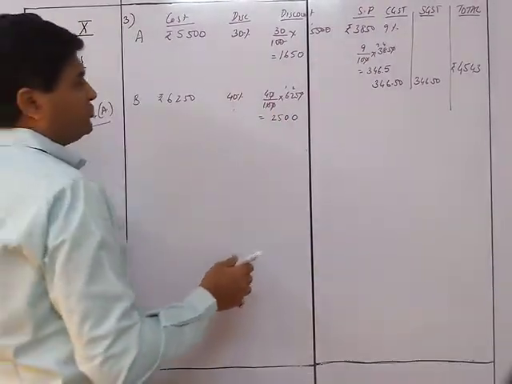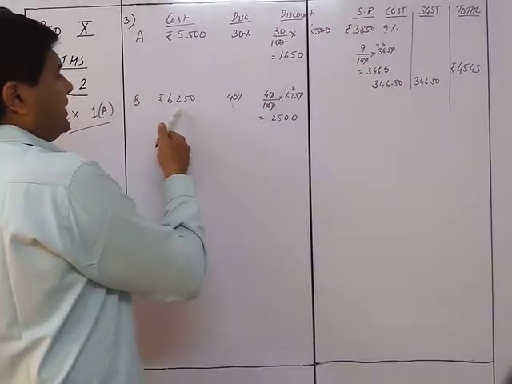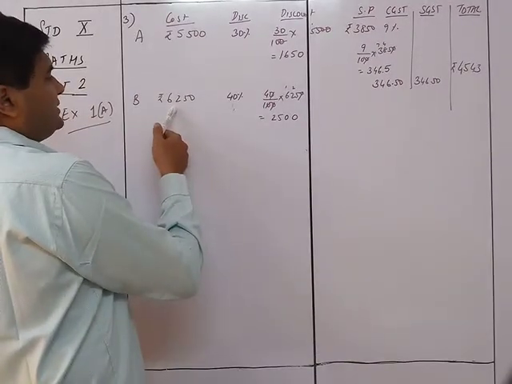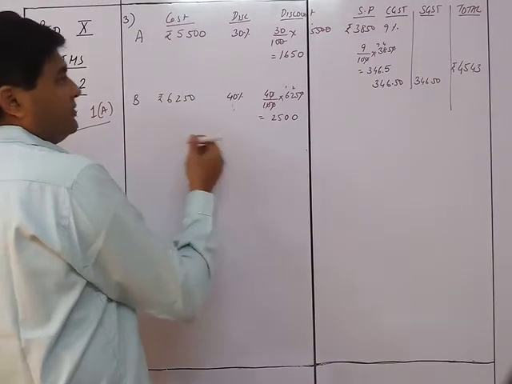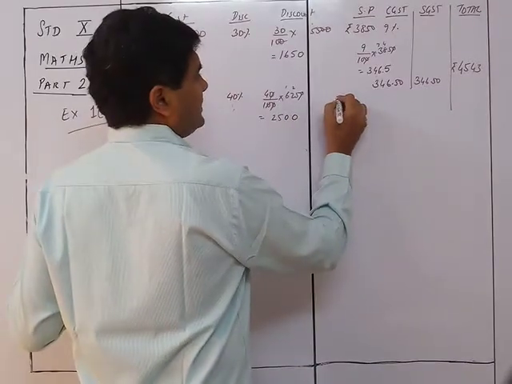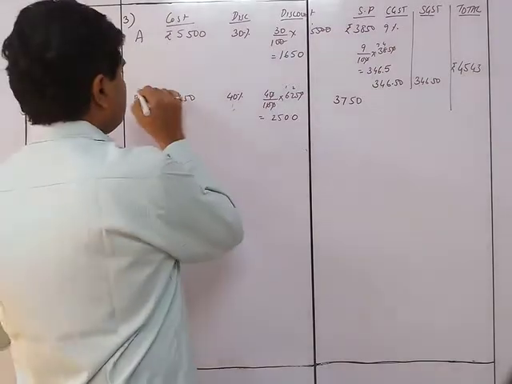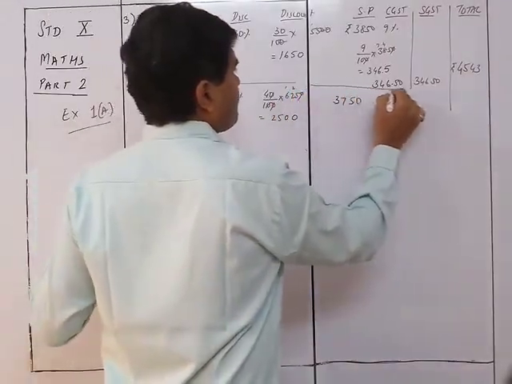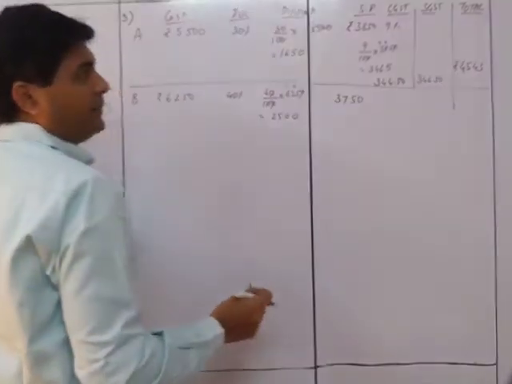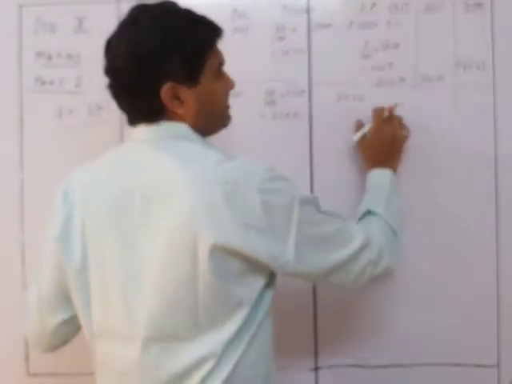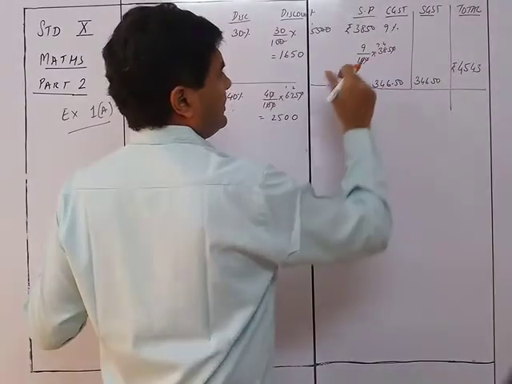Accordingly, when you subtract this from 6250, it is going to be 3750. Cancel this so that there is no confusion.